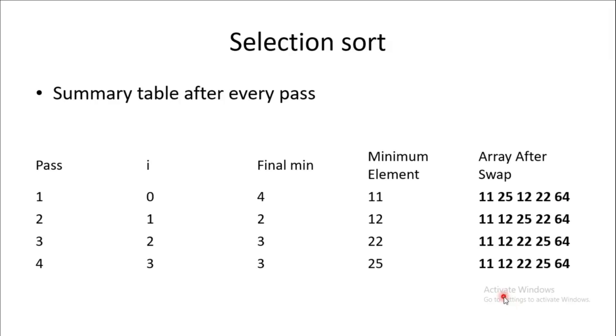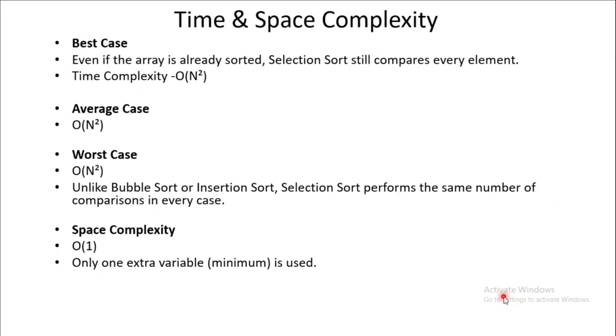Okay, so what we have seen from the working is that, unlike insertion sort, selection sort performs the same number of comparisons in every case, no matter whether your input is sorted or unsorted, because its working is basically based on finding the minimum from the unsorted array.